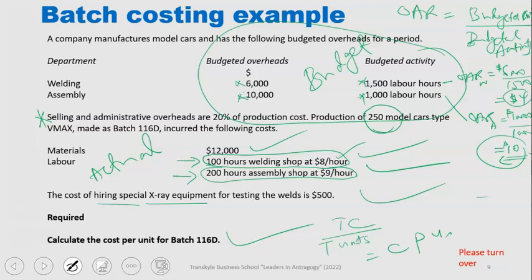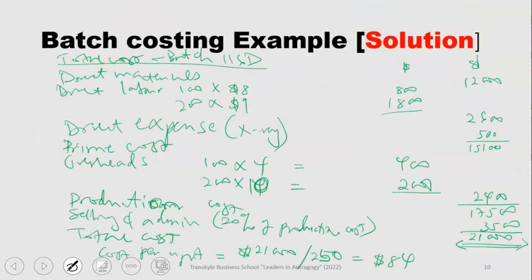The cost of producing 1 car, including the selling and administrative expenses, was $84. But if the examiner had only said what is the cost of producing 1 unit, we would have used this figure.